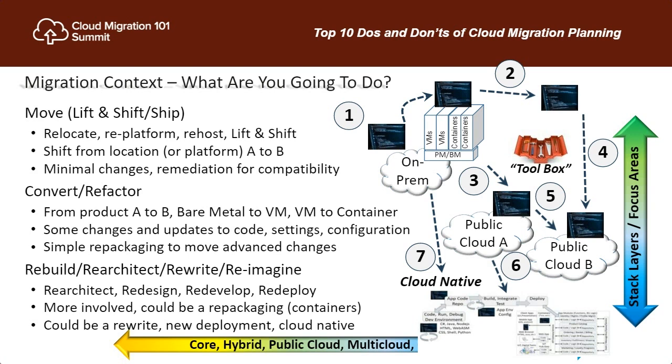You might be going from product A to product B. You might be going from a bare metal to a virtual machine with a little bit more involved. You might be going from a virtual machine to a container. Simply taking your workload and basically stuffing it into a container as opposed to giving it its own virtual machine. So more changes, more updates, maybe some code updates or maybe configuration settings.